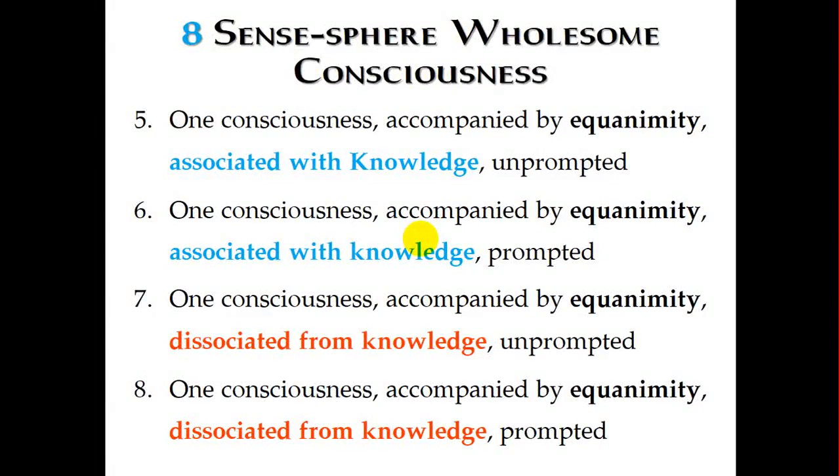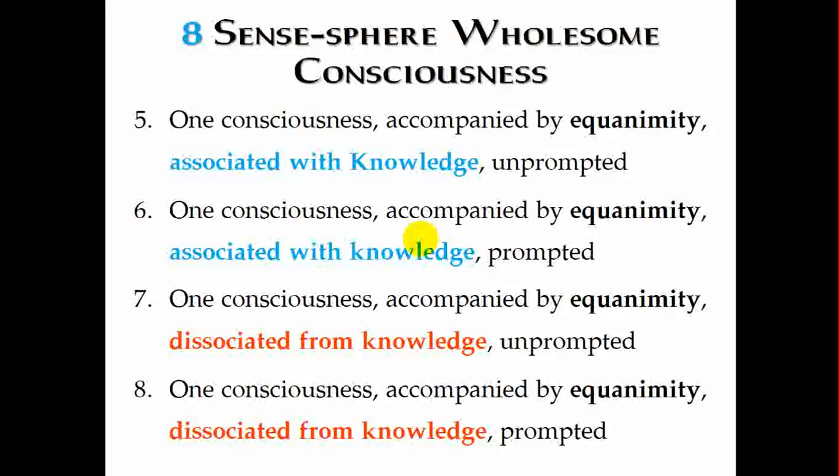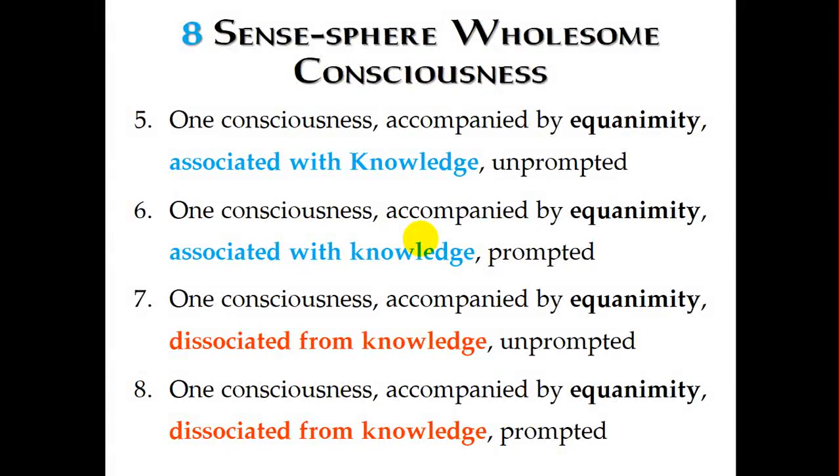equanimous feeling. Actually, we have learned that piti can associate with the 50, how many? 55, or not 55, 59, I forgot. So among them, the piti mental factor does not associate with equanimity.